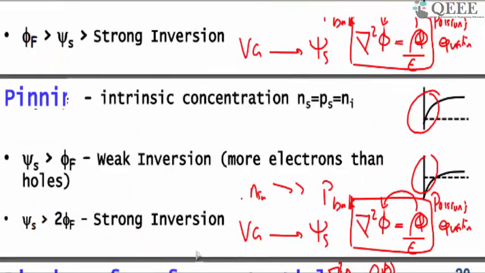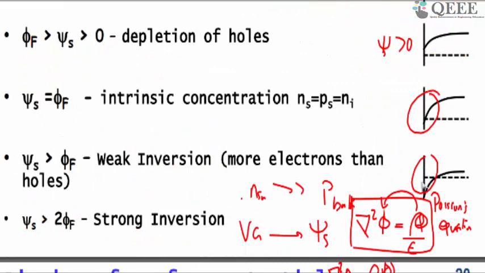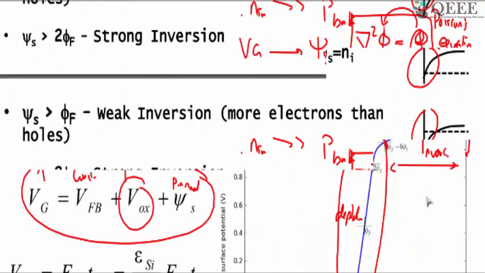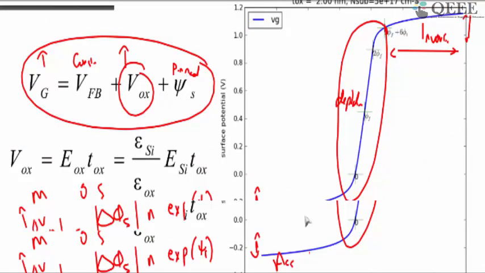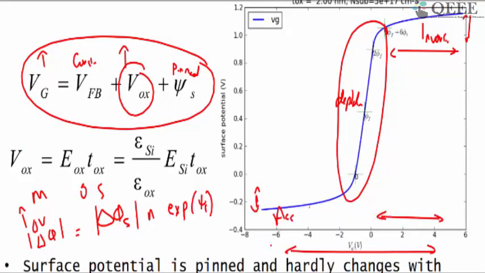That is why even if you vary the gate voltage by a lot, the semiconductor varies the surface potential by only a small amount and can supply the same amount of charge. That is why it is pinned. Is that clear? The pinning comes from the exponential relationship between the band bending and the charge.